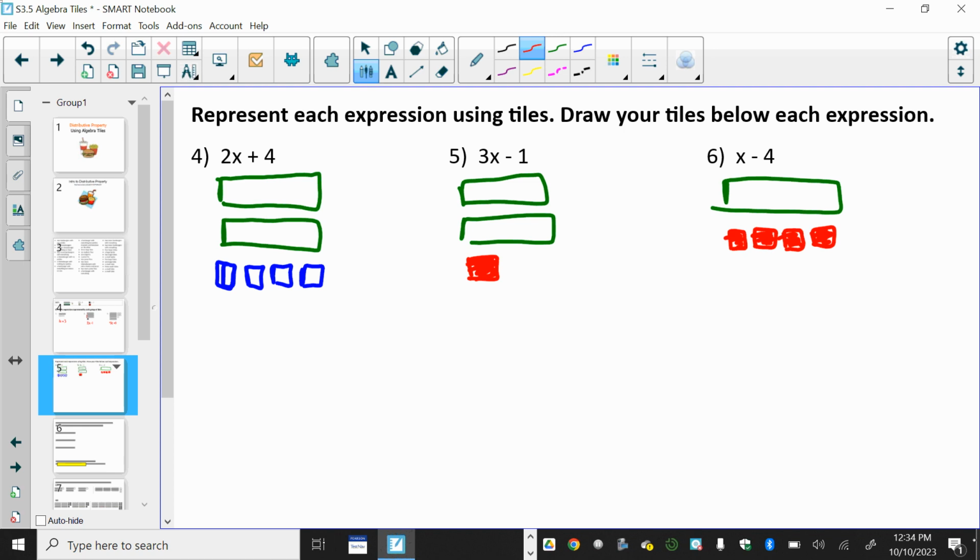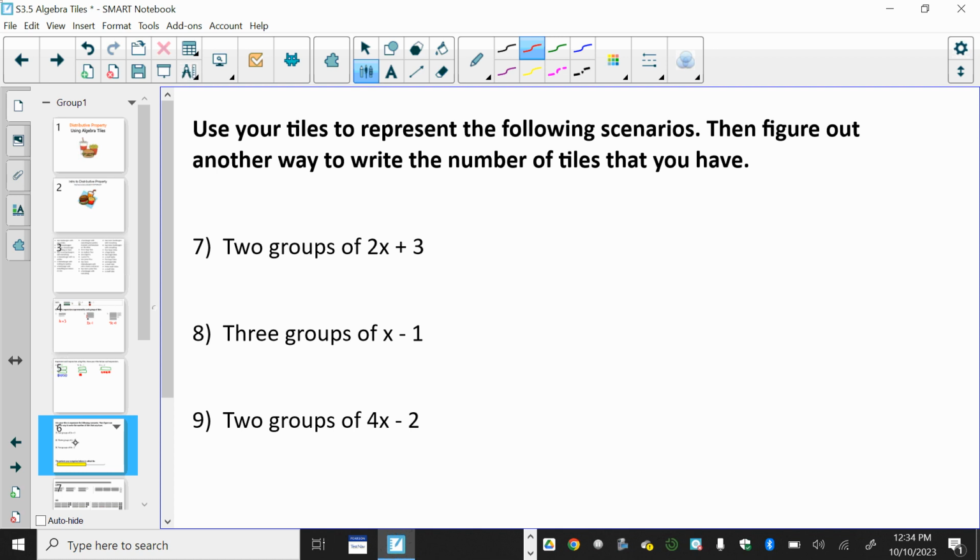Makes sense. The next one. Use your tiles to represent the following scenarios, then figure out another way to write the number of tiles that you have. What if we have two groups of 2x plus 3? Well, we can draw those. Here's our first one. 2x plus 3. 1, 2, 3. And then here's the next one. There's 1.